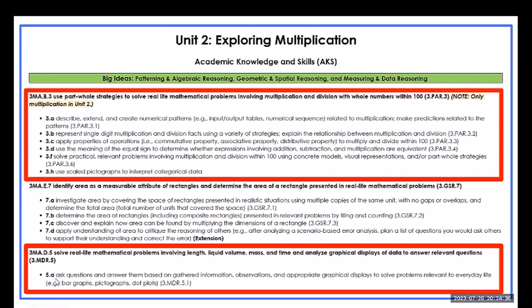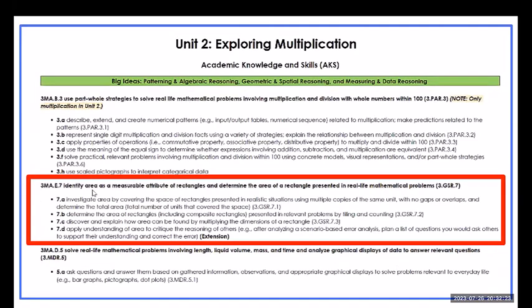AKS 5 and IOA 5A are ones that will continue to appear in multiple units because they are not taught in isolation. AKS 7 has 3 IOAs and 1 extension. The focus of this part of Unit 2 is area and how it connects to multiplication.